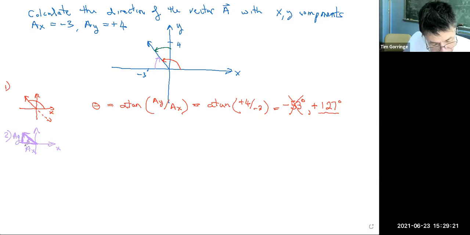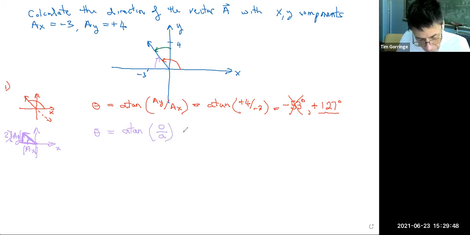And the length of the adjacent side is the magnitude of AX, and the length of the opposite side is the magnitude of AY. So in this case, to calculate that angle theta, I'm going to take the inverse tangent of the opposite side of the triangle, its size, to the adjacent side of the triangle, its size.